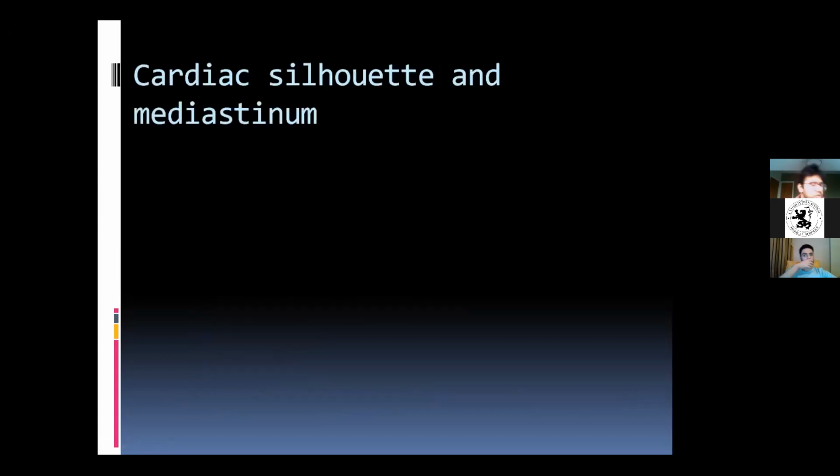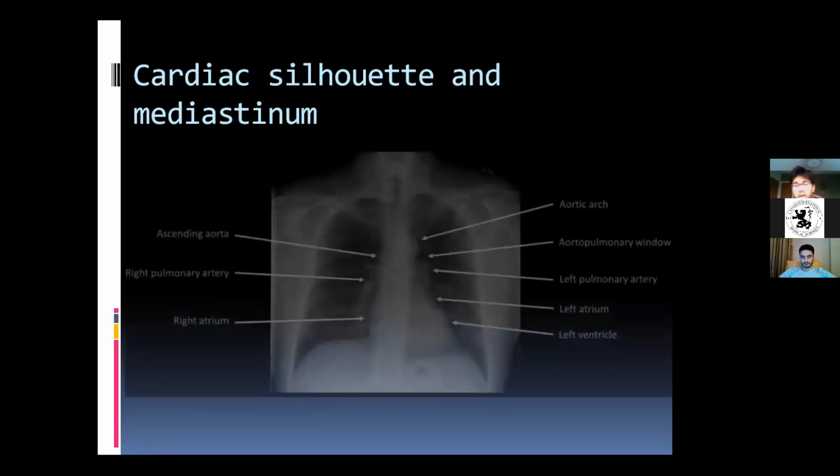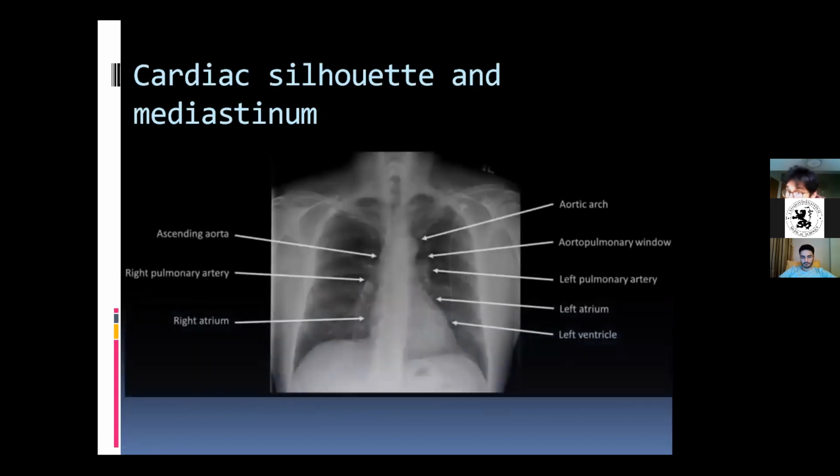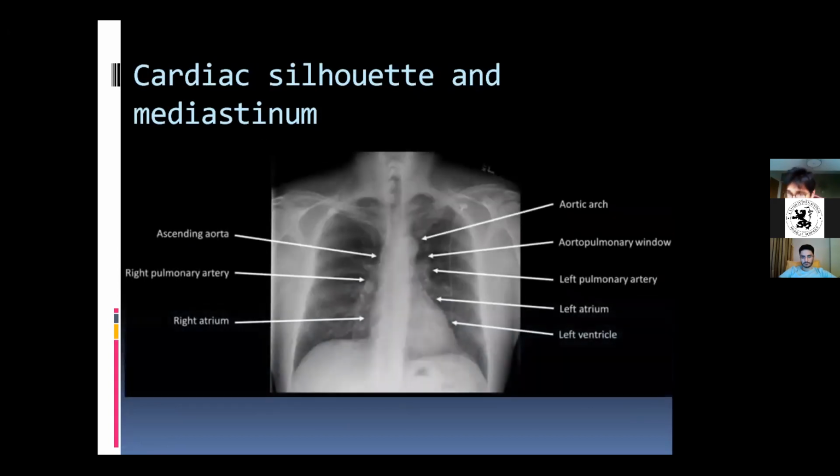Okay, so what are we thinking of when we're thinking of any kind of pathologies that we can identify in a chest X-ray from a cardiac point of view? Before we go ahead with that, this is essentially the cardiac silhouette.